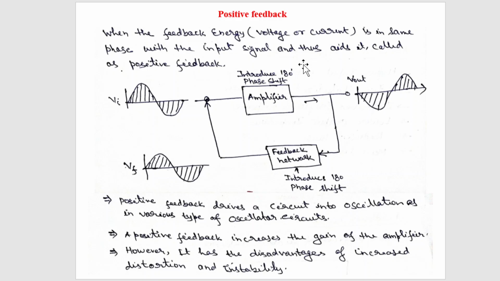What I mean to say is, let us say we have an input signal Vi and an amplifier, and this amplifier introduces a 180-degree phase shift between input and output. If you recall, a common emitter amplifier gives a phase change of 180 degrees from input to output.